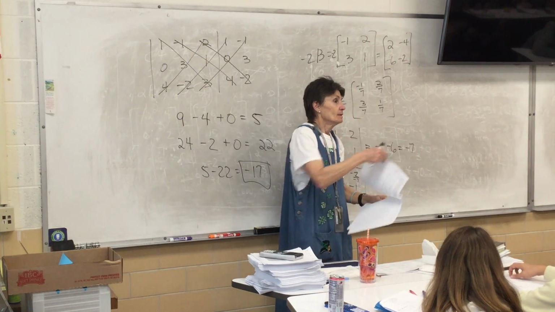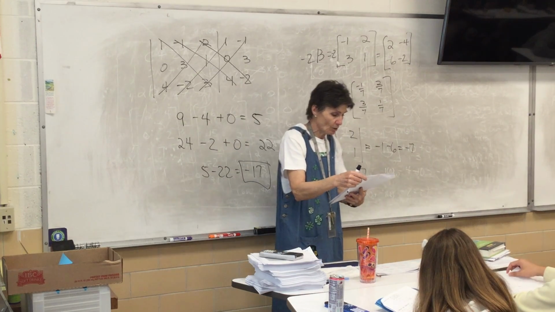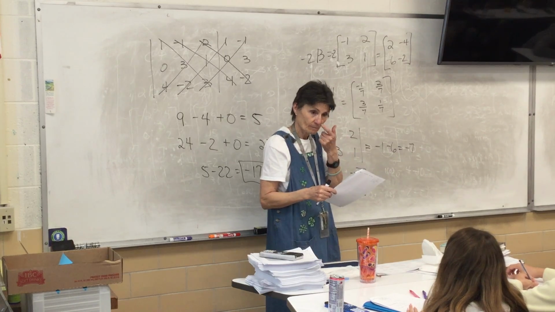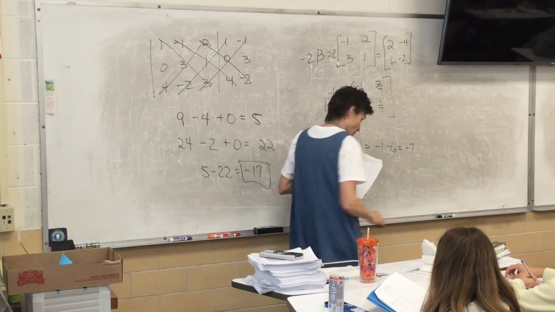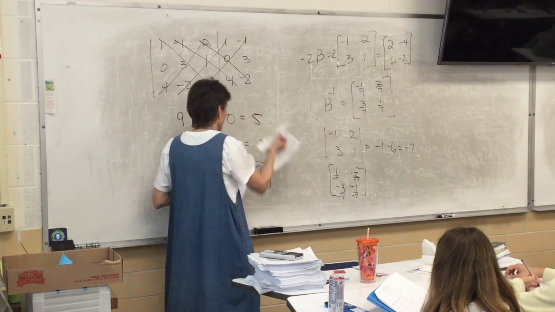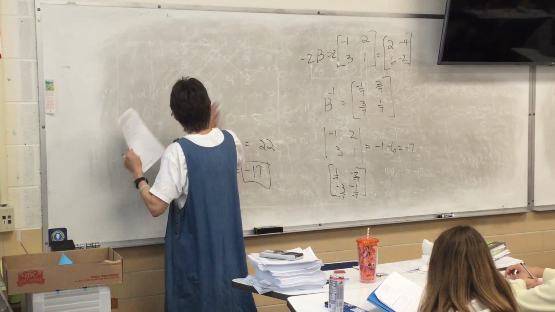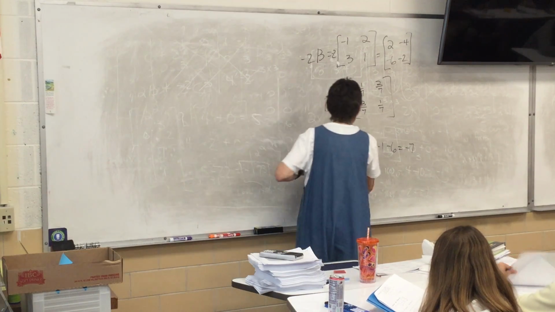A rectangular array of numbers arranged in rows and columns. No, it's in your notes already, and it's been on every practice test. Go back and find it. It's a rectangular array of numbers arranged in rows and columns. It's on every single practice test. It's in your notes.